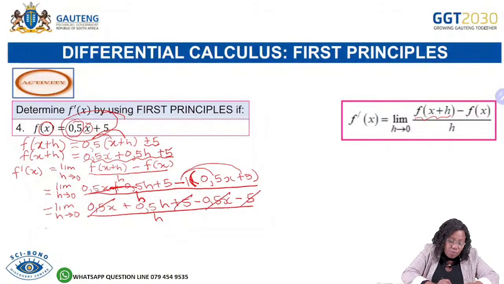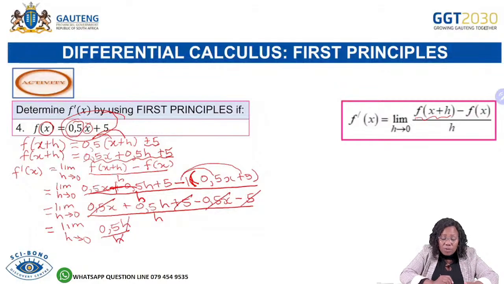So we are left with what, grade 12? The limit of h approaching 0 of 0,5h over h. And then from this step, h goes once into h there. What is left is the limit of h approaching 0 of 0,5.